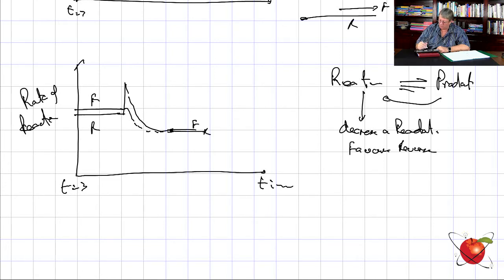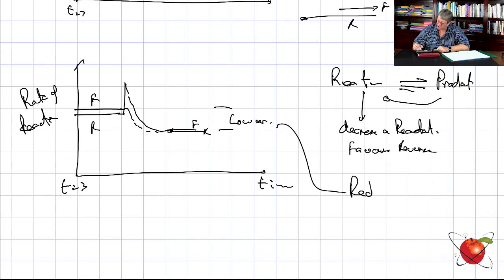Over here now what we've got is we're saying that this is lower. It's lower because I have reduced a concentration of a substance.